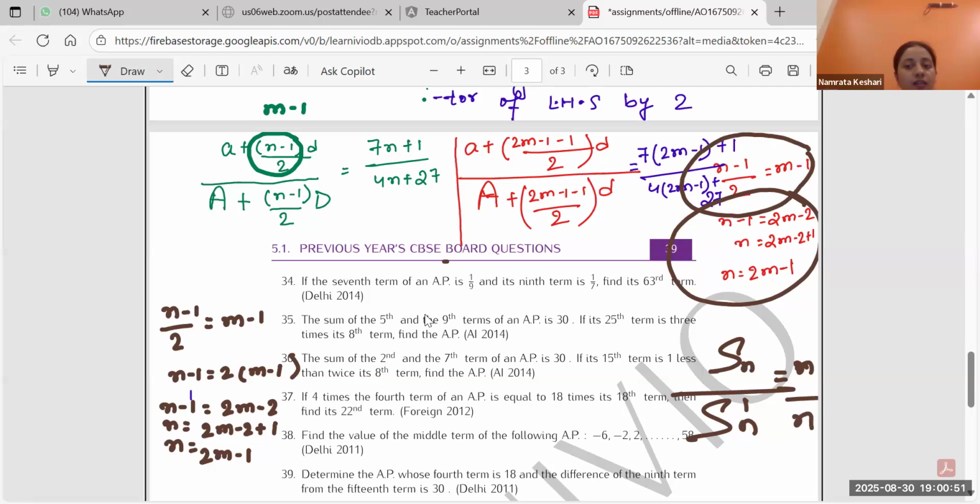So when we create the mth term of the first AP over the mth term of the second AP, we are expecting m on the other side. Making sense? Yes, ma'am. By doing this substitution on both sides, left hand side as well as right hand side, you will be getting m on both sides.